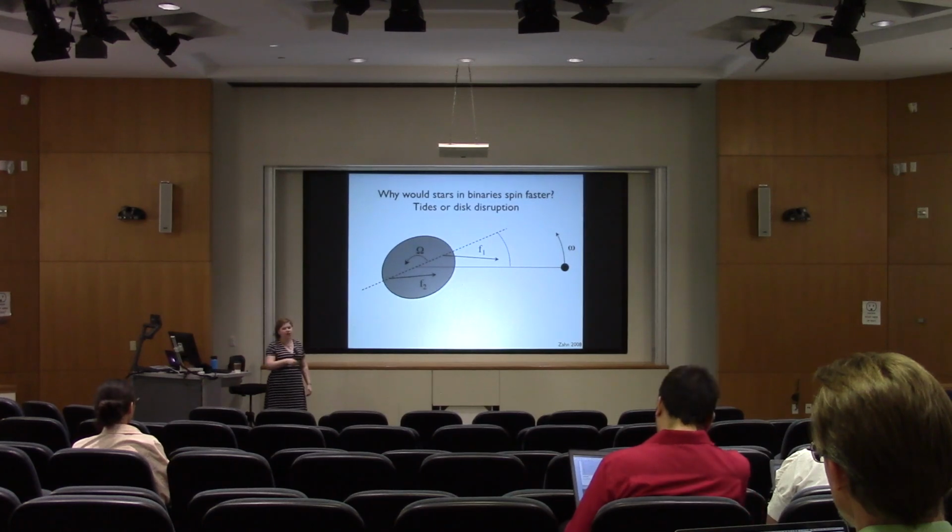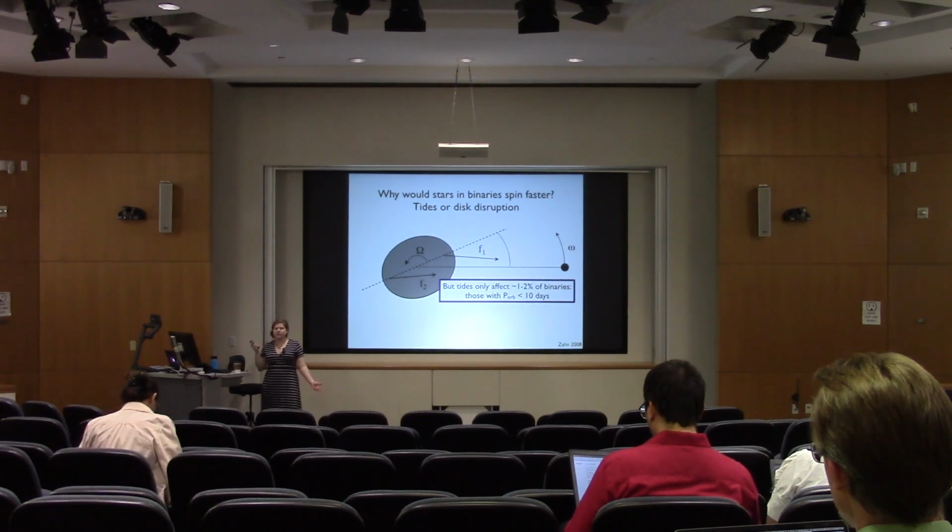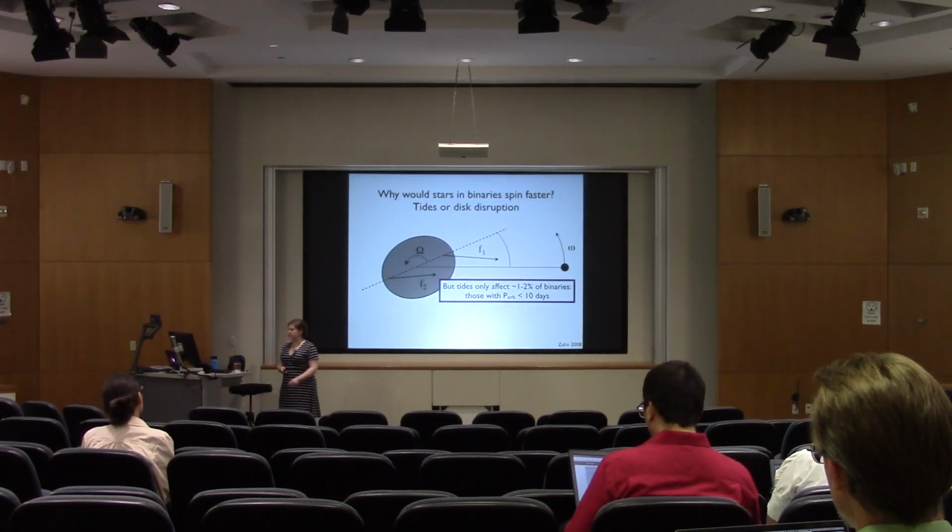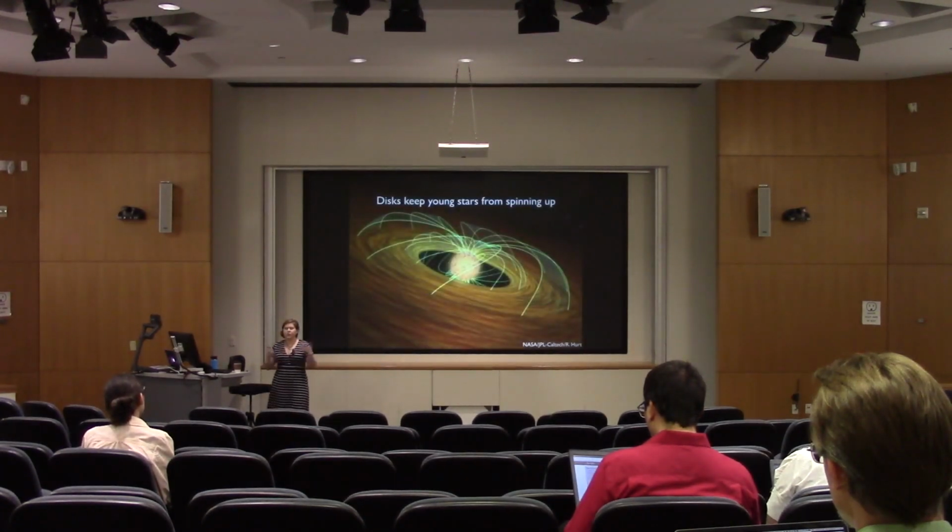Eventually the orbit will be synchronized to the rotation period, and the orbit will eventually circularize. But this only affects 1% to 2% of binaries in clusters, only those with orbital periods less than 10, maybe 15 days.